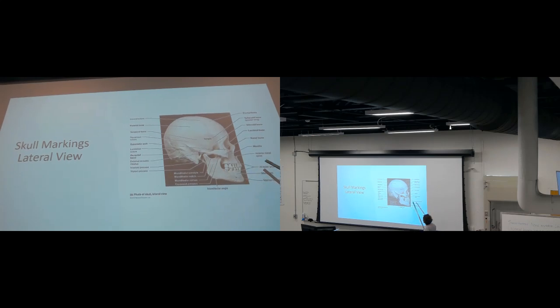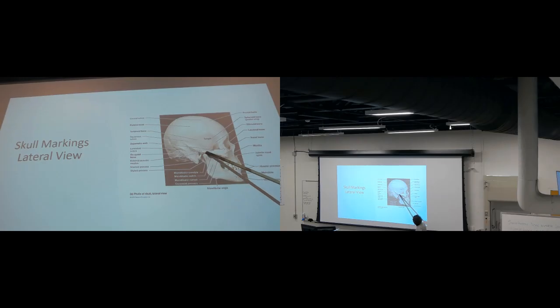So what else can you see in the lateral view? Well, the nasal bones again, lacrimal bones with the lacrimal canal in there. And then this spine, this sharp projection of the maxilla, which is called the anterior nasal spine.